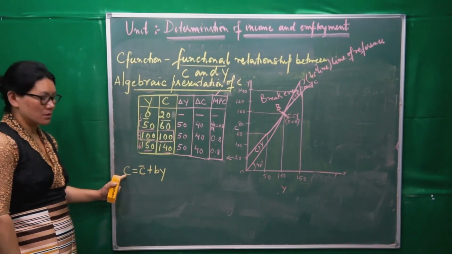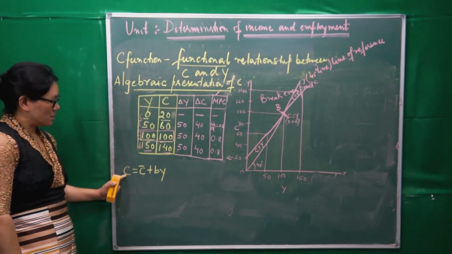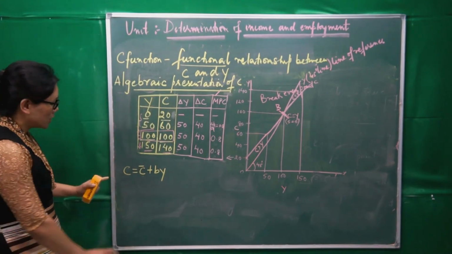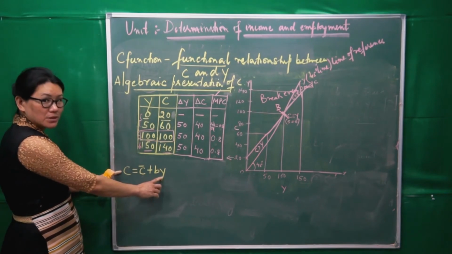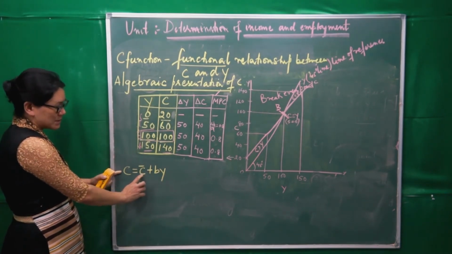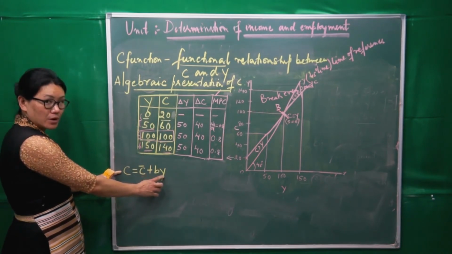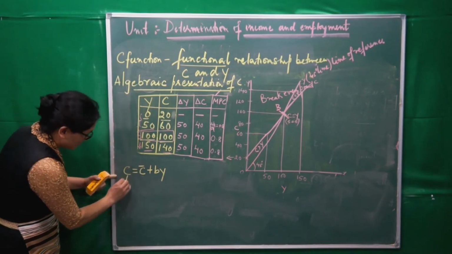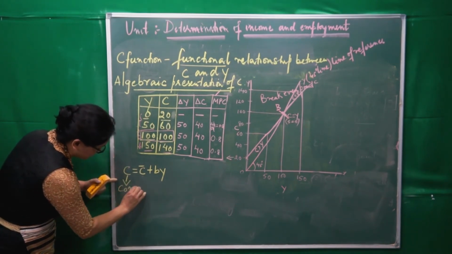In exams, if it is given like this, write the components of the C function, you need to go for this. You need to elaborate these components. All right, and it's coming in exams also. Now this one is what? This is consumption.